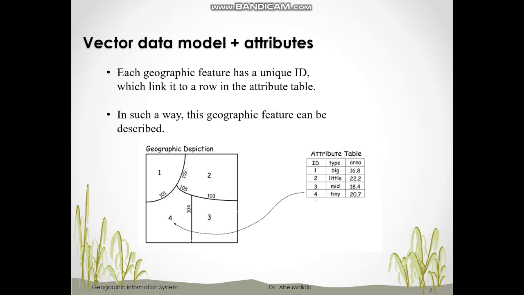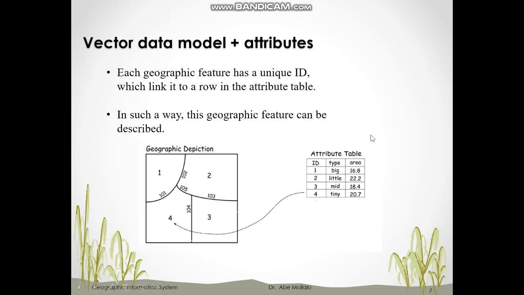In such a way we can have all of these attributes, for example the type and also the area, to describe this location. So for polygon number 4, which can be a county, a country, a lake, a building, or any polygon feature, we will have attributes such as type, area, or population, or the number of people living in this polygon with the age of over 65.